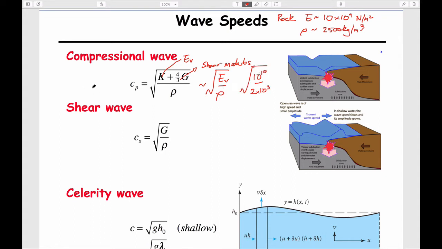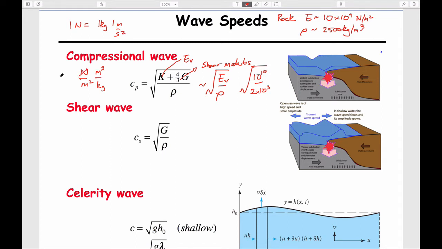So whatever that is, the units are what? The units are newtons per meter squared. The units are kilograms per meter cubed. And 1 newton equals the force required to give 1 kilogram an acceleration of 1 meter per second squared.